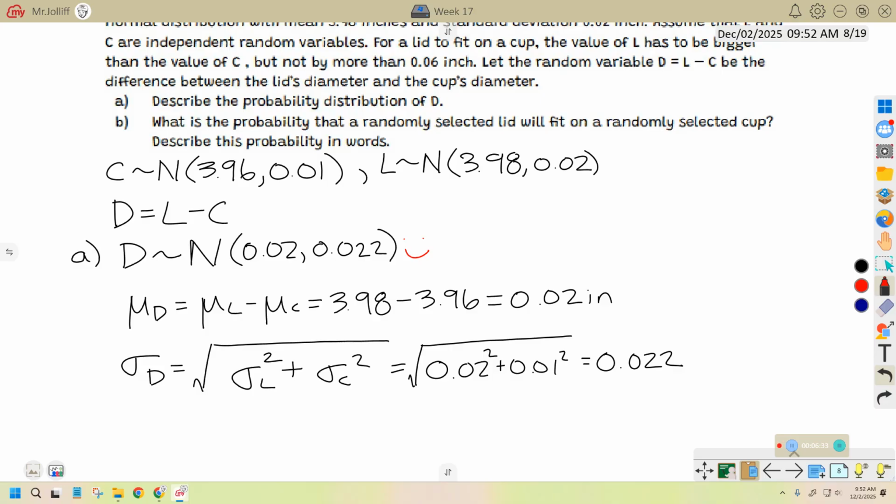Good. And then B, now that I know what the distribution of D looks like, says what is the probability that a randomly selected lid will fit on a randomly selected cup? Describe this probability in words.